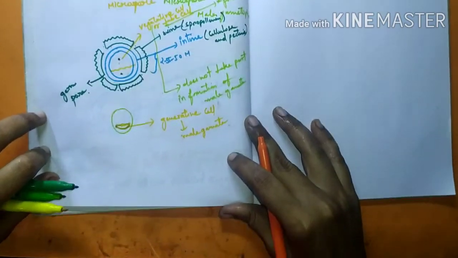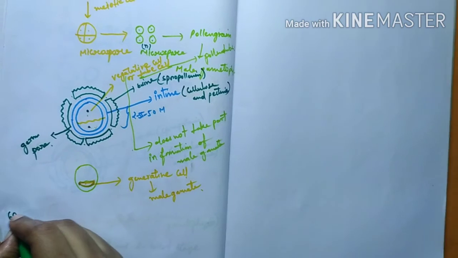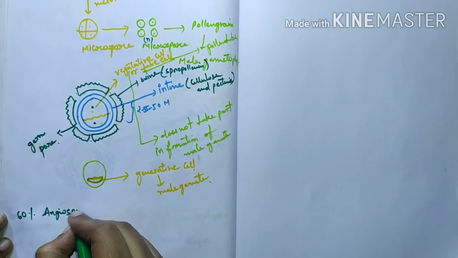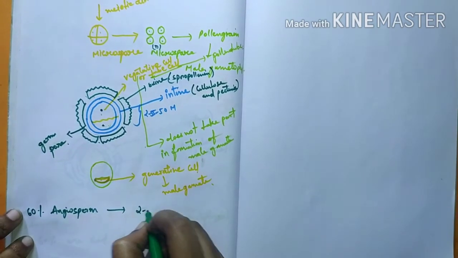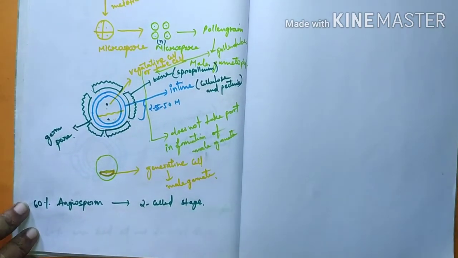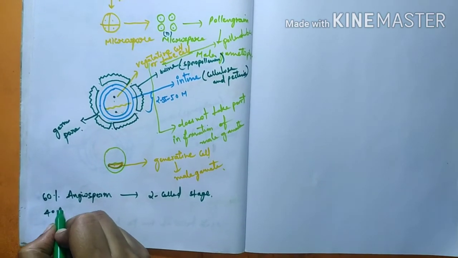So friends, 60% of angiosperms are shed at the two-celled stage. Then what about the remaining 40% of angiosperms?